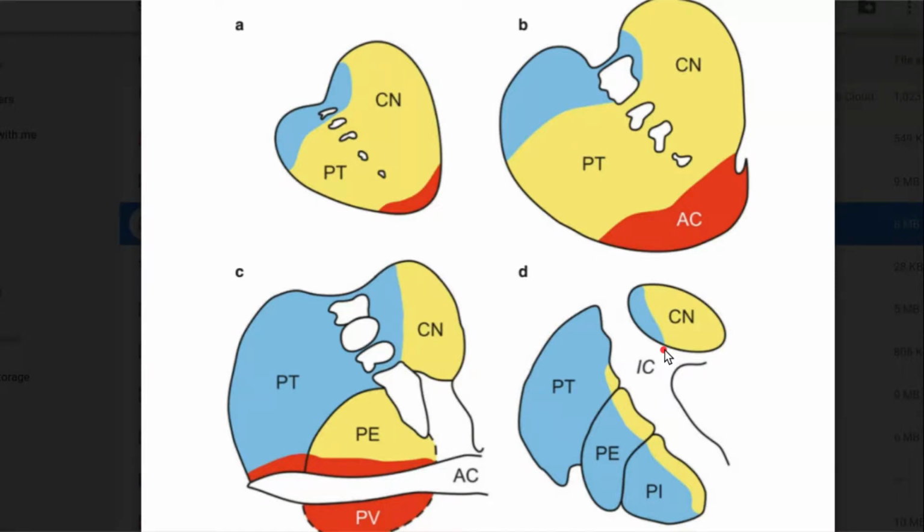Areas in blue, part of the putamen and a little bit of the caudate, are functionally involved in sensory motor areas. Areas in yellow are associative areas, and areas in red are limbic.